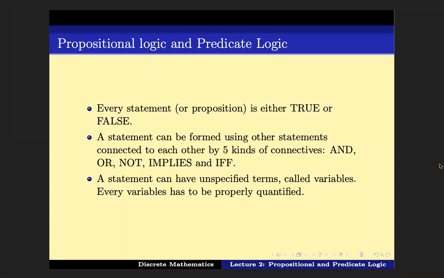Maybe instead of implies, it can be an if-then statement, and so on. But the basic idea is that something implies something, something and something, and so on. And these statements can have some terms that are not exactly specified. They are called variables.